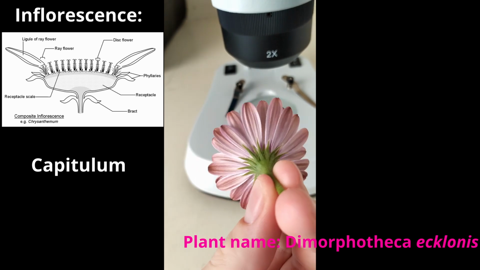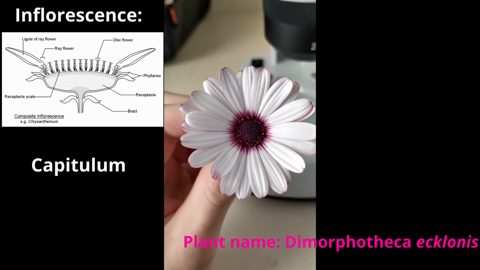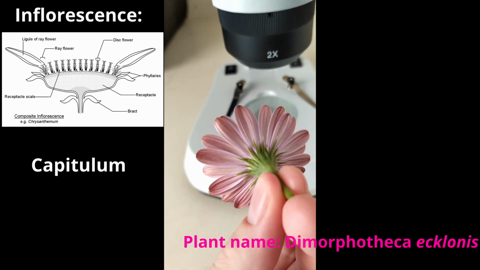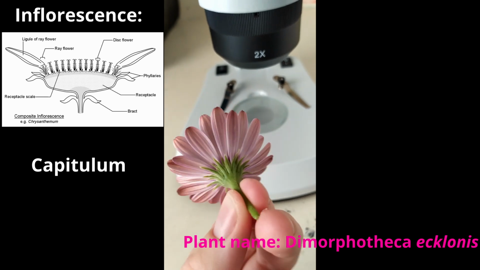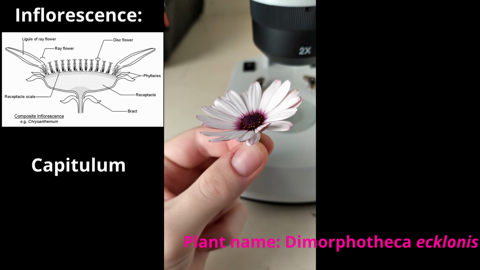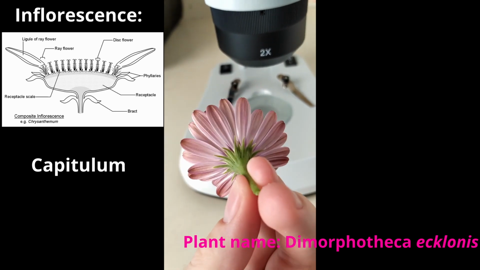This specific inflorescence has two types of flowers. It has the ray flowers, which can be recognized because they have a long petal, and the disc flowers, which don't have that long petal and they're just on the disc.